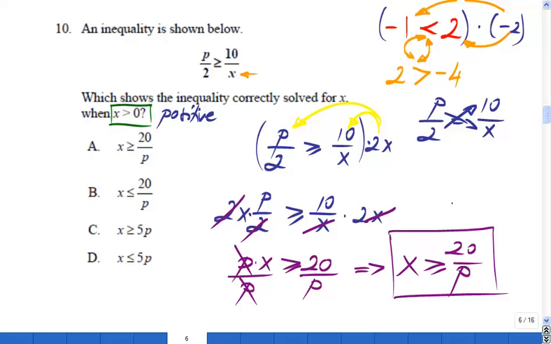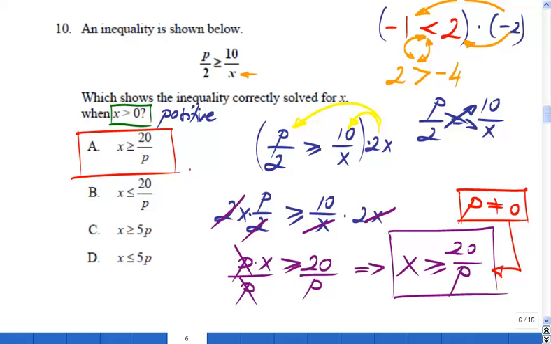You're looking for which one is the same as that. Make sure that you're putting one more restriction here, that p can't be 0 for obvious reasons, right? Because p is a denominator, and your denominators have to always be different than 0. And that's why the right answer for this problem is A.